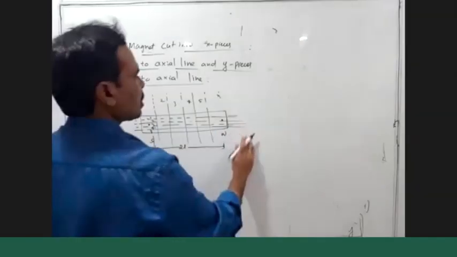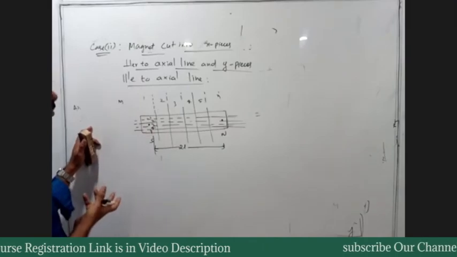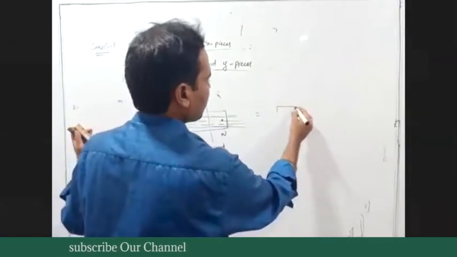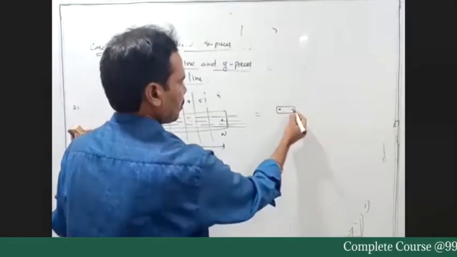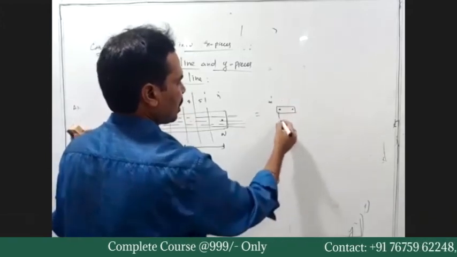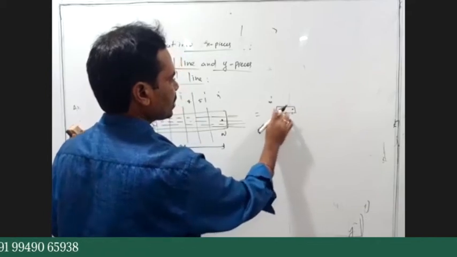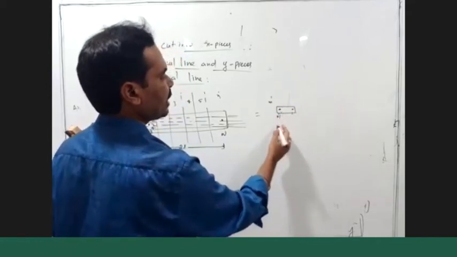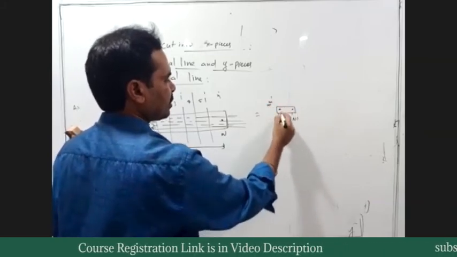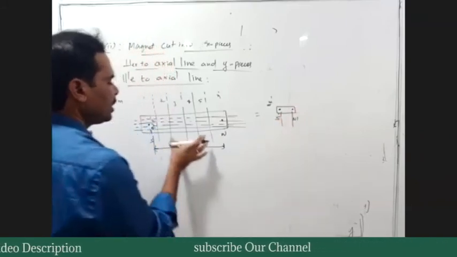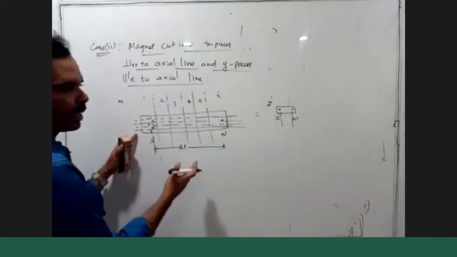So every small piece now acts like a magnet. Let me consider one such small piece whose pole strength is m dash. This is its south pole, s dash, and this is its north pole, n dash. What is the length of this small piece? The total length 2L is divided into X parts in the perpendicular direction.